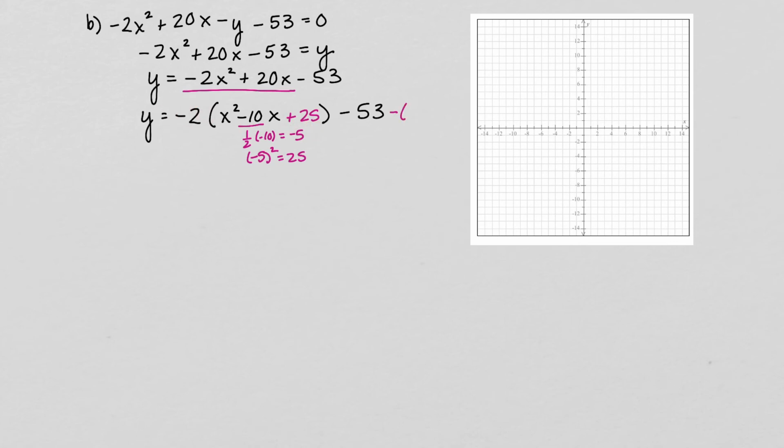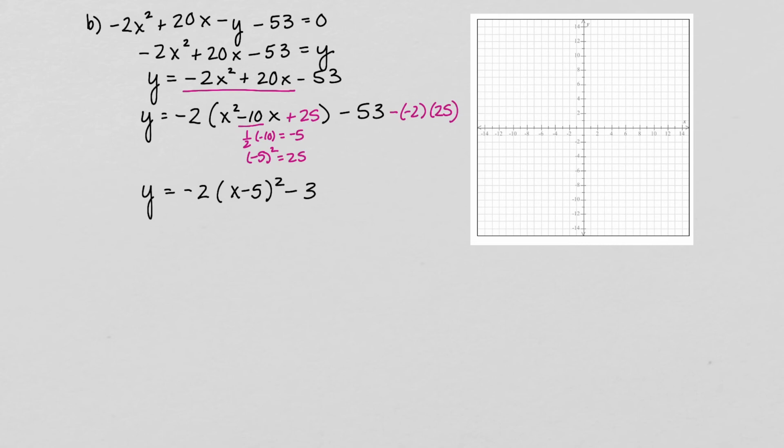So I have to subtract negative 2 times 25. So we end up with y is equal to negative 2 times (x minus 5) squared. And then we would have minus 53 plus 50, so that's going to give us a minus 3.